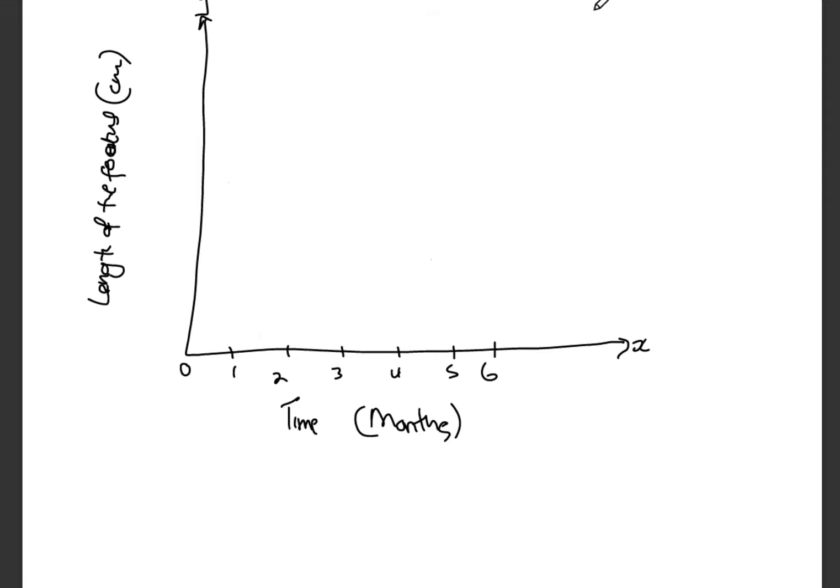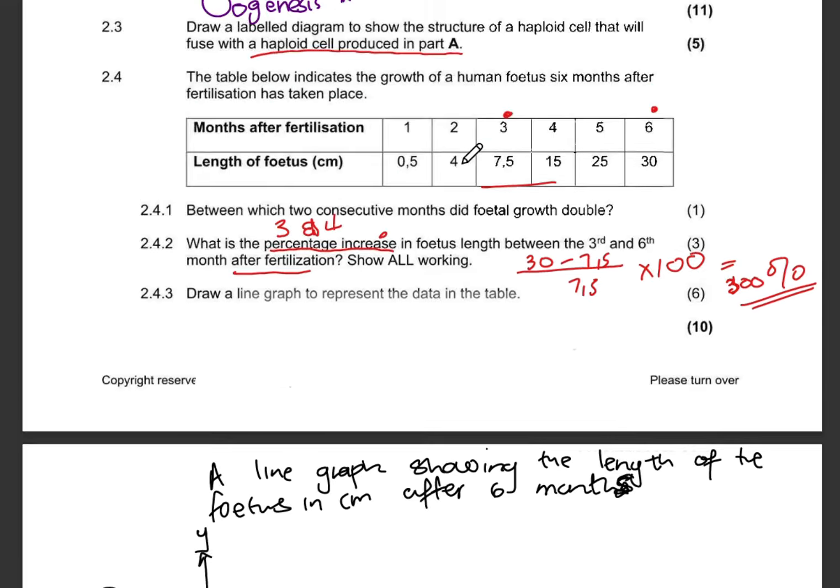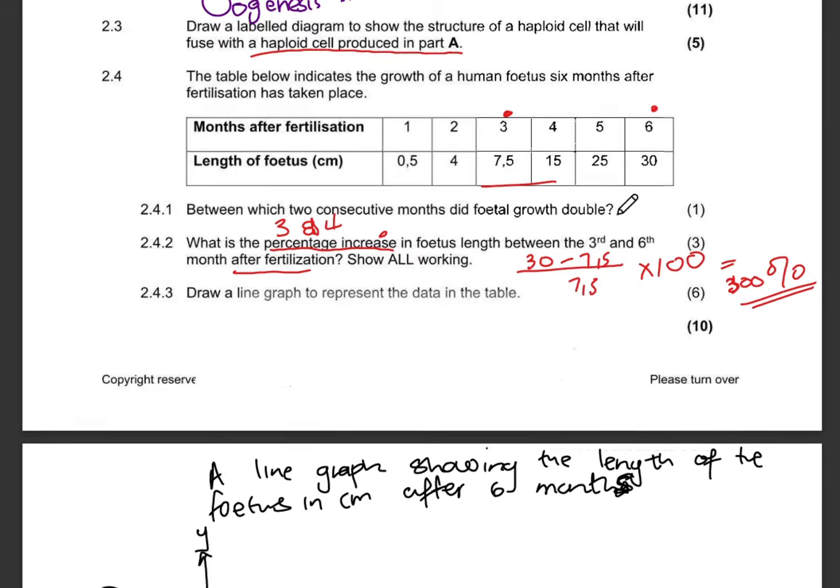Then length, let's look at our data: 0, 0.5, 4, 7.5, 15, 25, 30. It's tricky because we now have very low numbers and very high numbers.